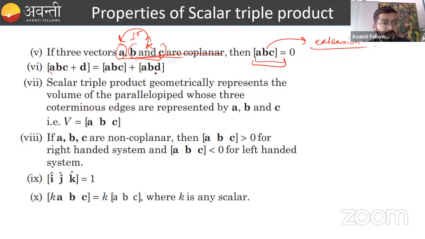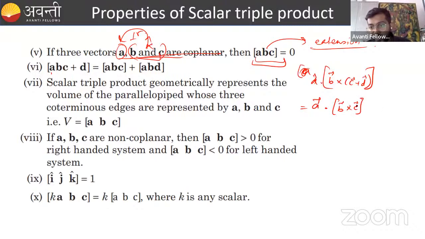Now [A, B, C plus D]. This means A bar dot B bar cross C bar plus D bar. This can also be written as A bar dot B bar cross C bar plus B bar cross D bar.